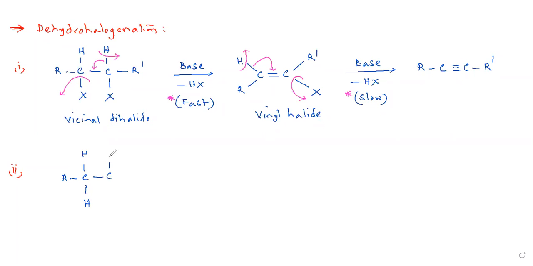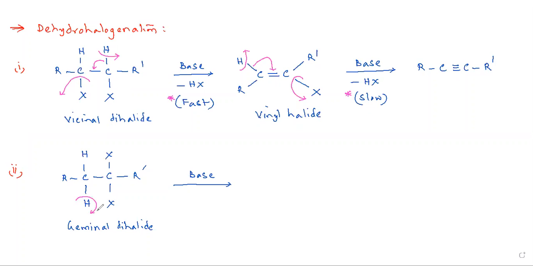So let us also consider a geminal dihalide, almost similar. Geminal is the one that has two halogen atoms on the same carbon. Geminous means a twin. This is geminal. You got both the halogen atoms on the same carbon, right? Now, using the base, let us first subtract a hydrogen in the form of H plus.